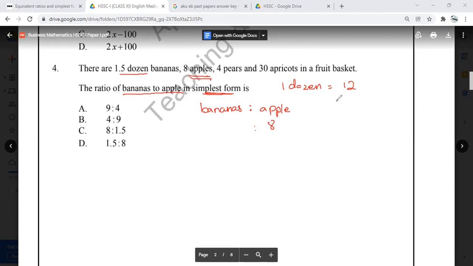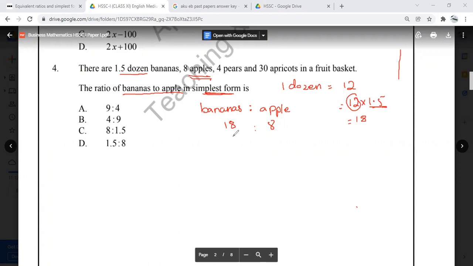In order to calculate this, you multiply 12 by 1.5, which is going to give you 18. So you know that you have 18 bananas and 8 apples. So simply multiply 12 by 1.5 to convert it into numbers.